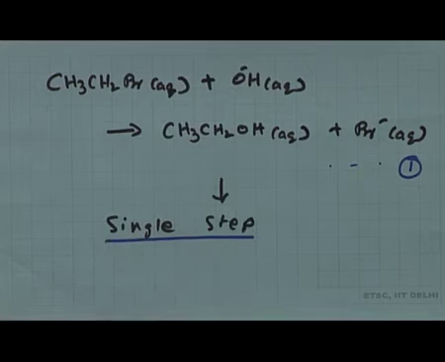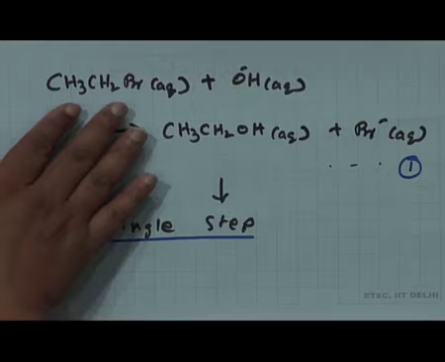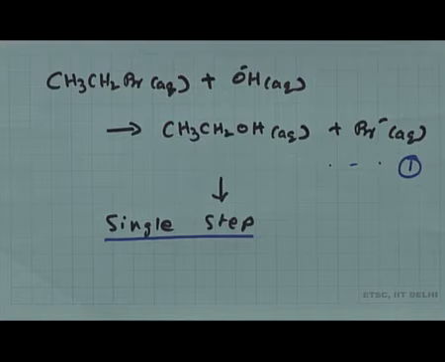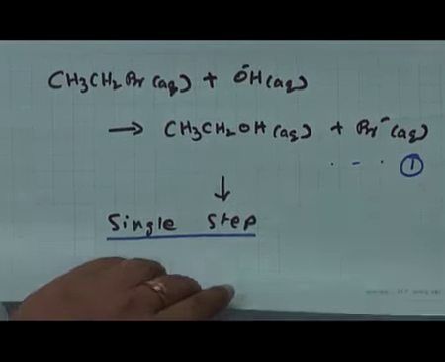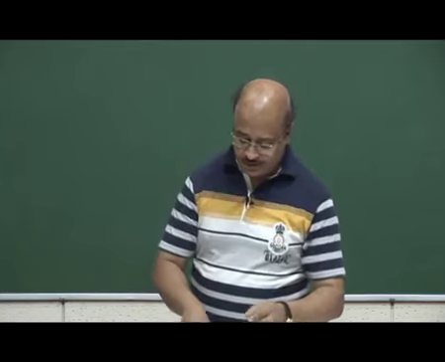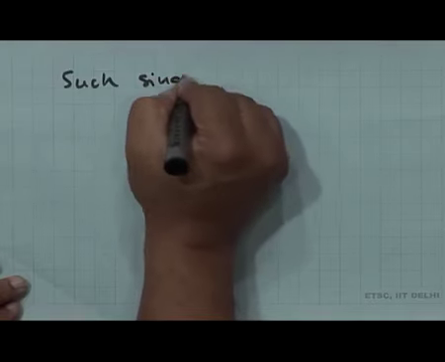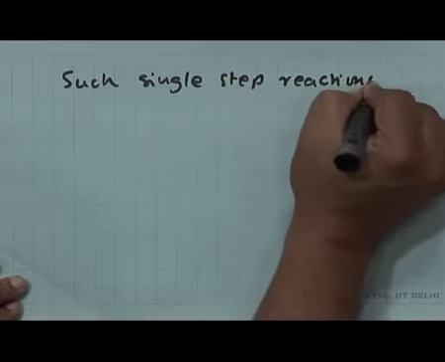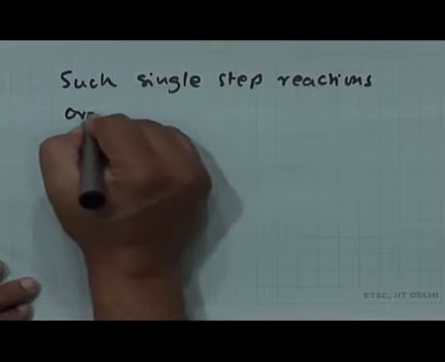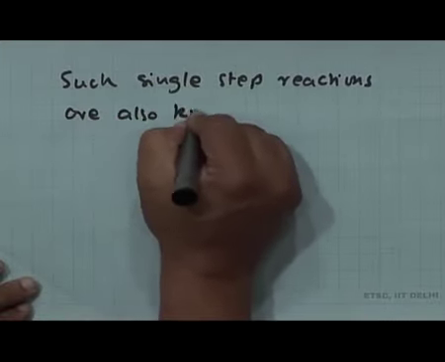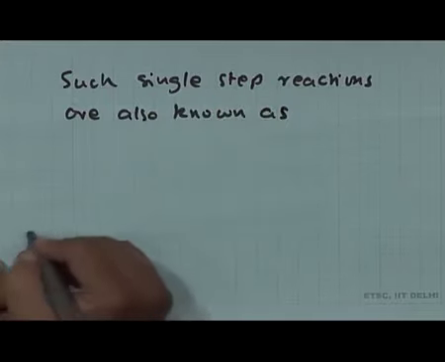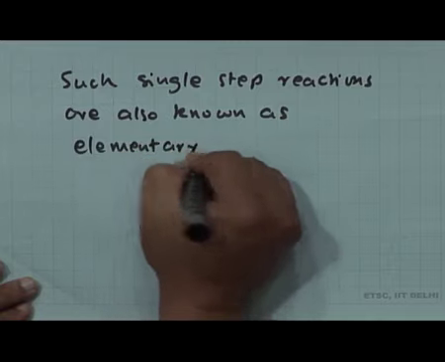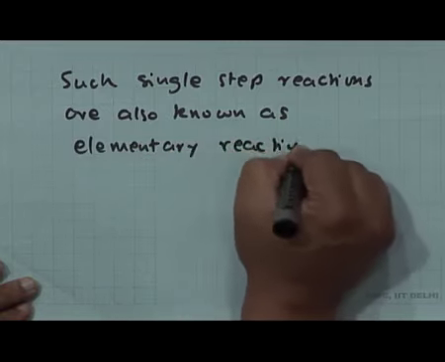That means, in a single step, this molecule reacts with this molecule to give us the products. Such single step reactions are also known as, this is important, elementary reactions.